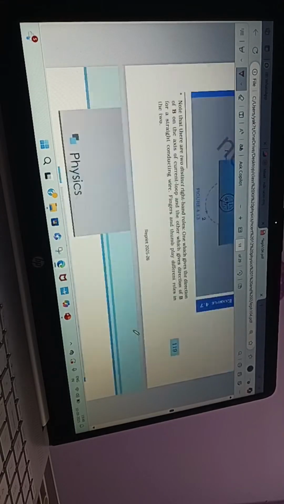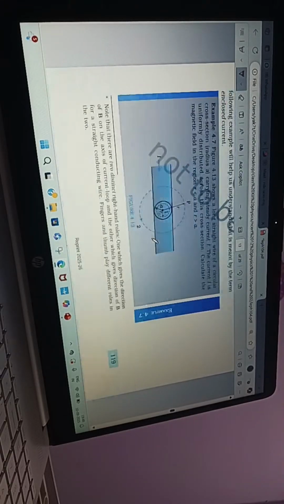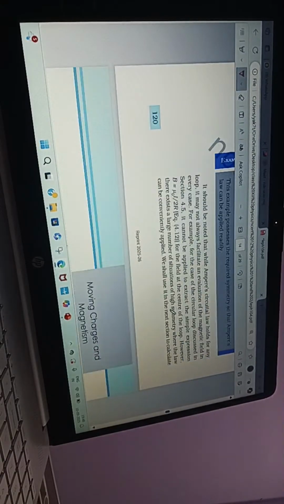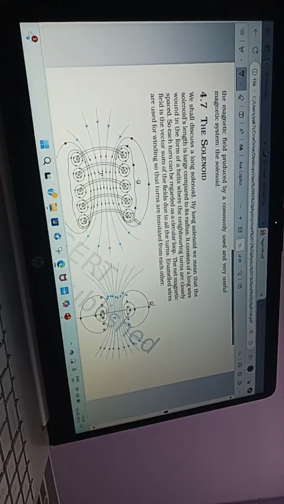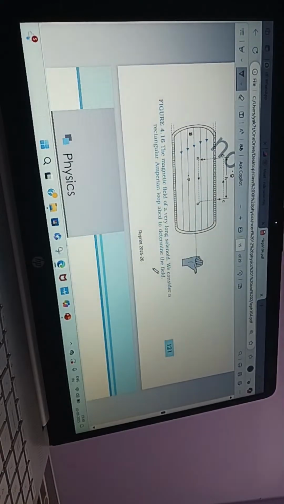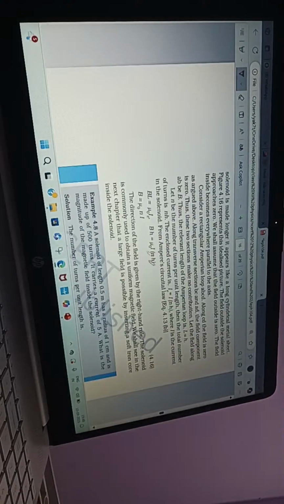So here the conductor is given two radii, one outside, another inside. On the surface and outside it is the same. As the perpendicular distance increases, it will decrease. Okay, this I have taught you already. Current is coming and you will get that uniform magnetic field. And this derivation you have to do now.